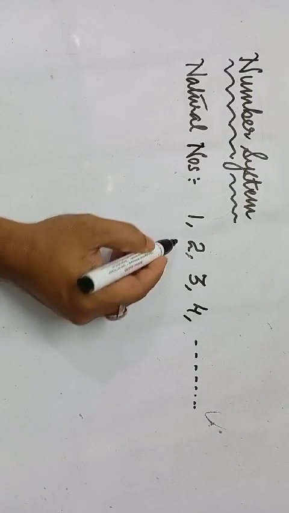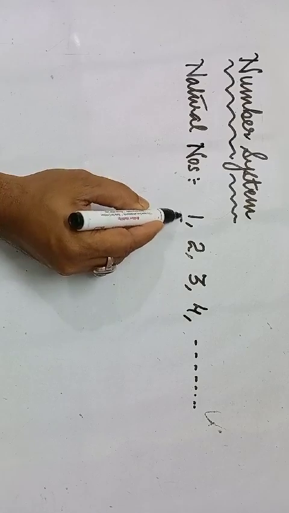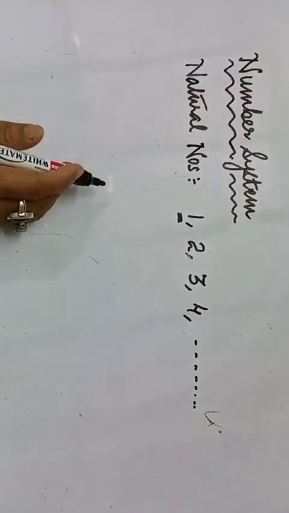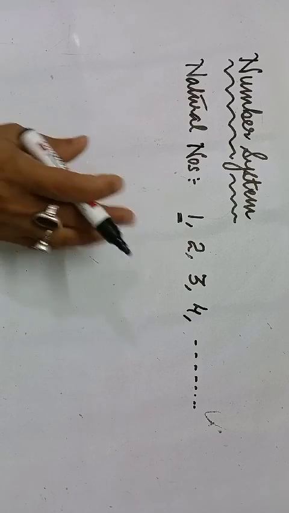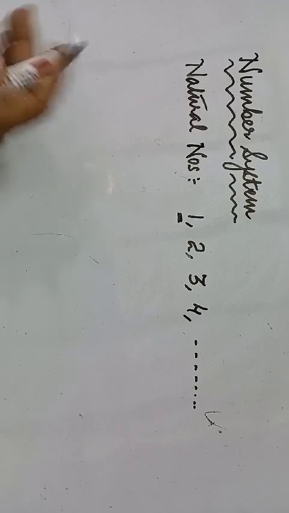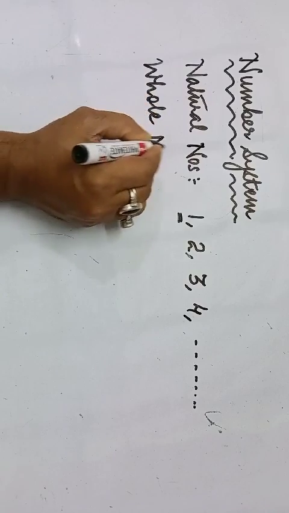So the important point to remember here is that they start from 1, not from 0. And you must also observe that there are no negative numbers over here, as well as there are no fractional numbers here or decimals. So this is what you have to keep in mind with regards to the natural numbers. Then comes naturally the whole numbers.